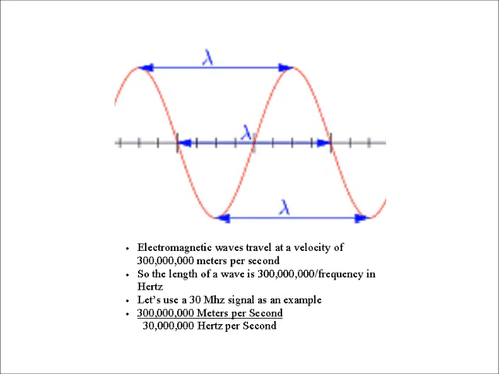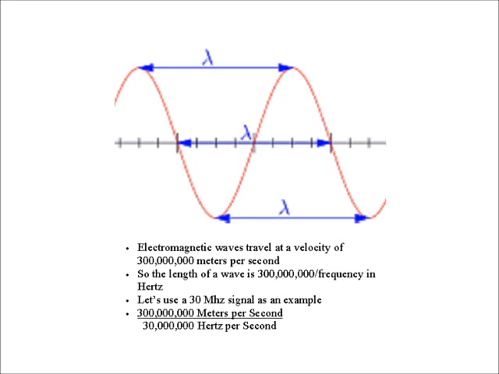Light. Light is an electromagnetic wave, as is a radio signal, as is a microwave signal, as are certain ultraviolet light and infrared light. They're all electromagnetic waves. They're all exactly the same thing.